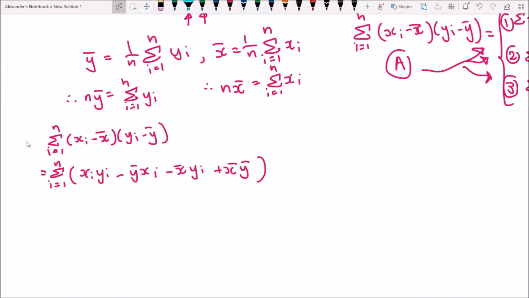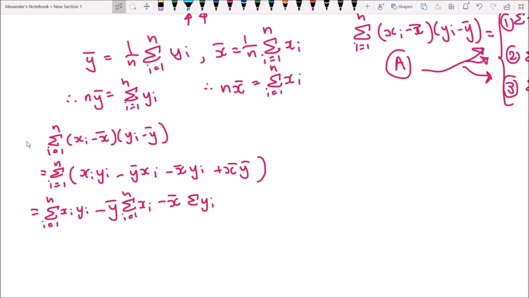Now, because of the linearity of the summation operator, we can split these four terms up into the sum of four summation operators. So it's the summation from i equals 1 to n of xi yi, negative y bar times the summation of xi, negative x bar times the summation of yi.